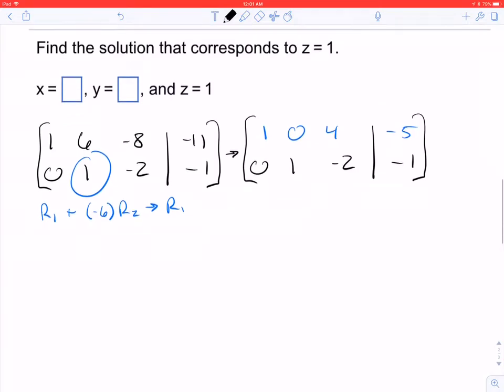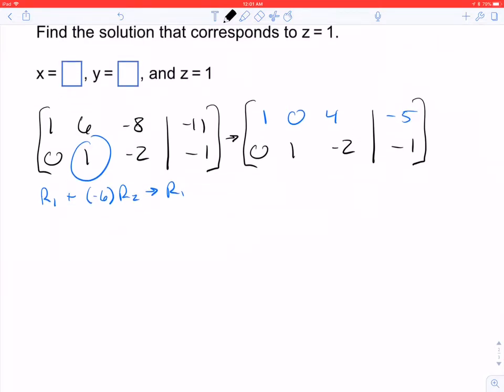So what this is saying is that we have 1x plus 0y plus 4z equals -5, and 0x plus 1y minus 2z equals -1.